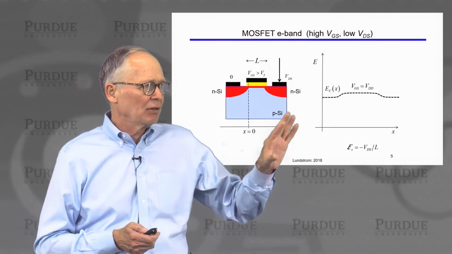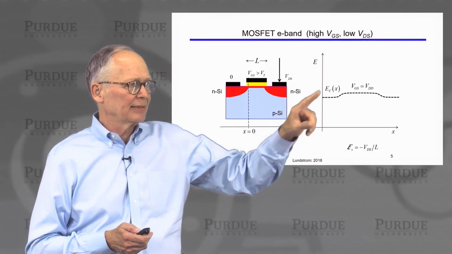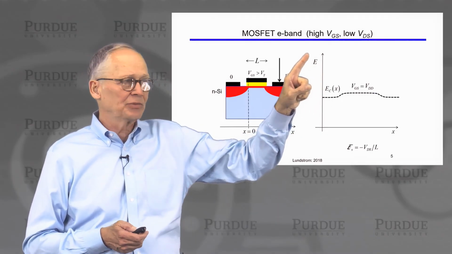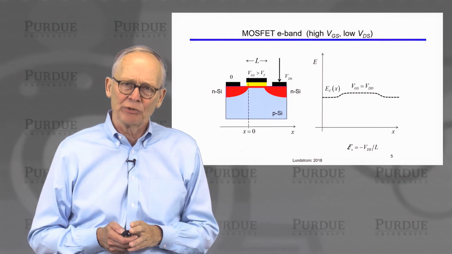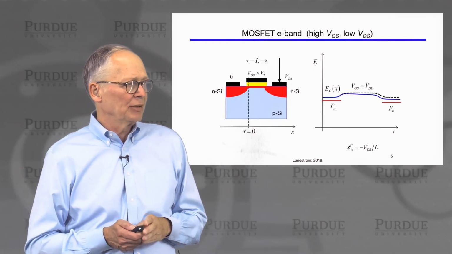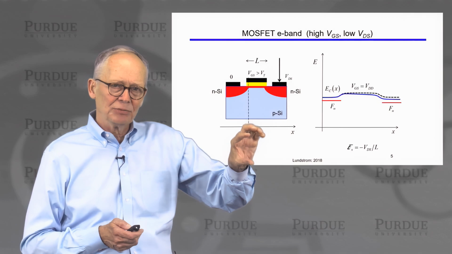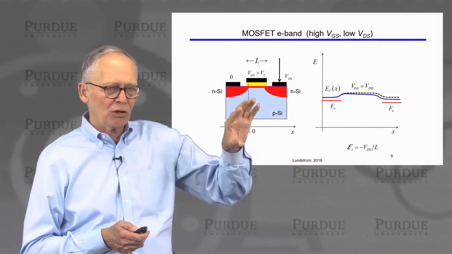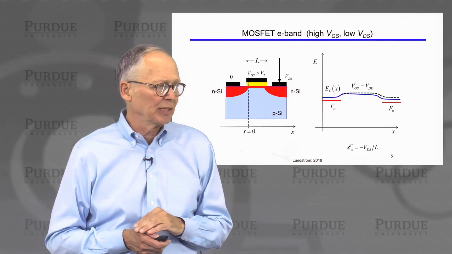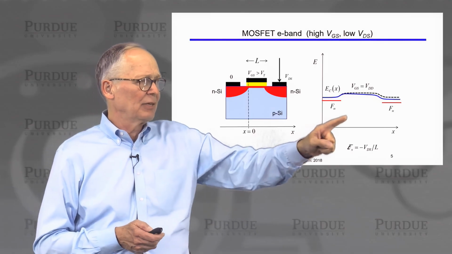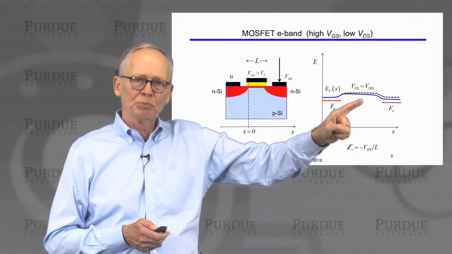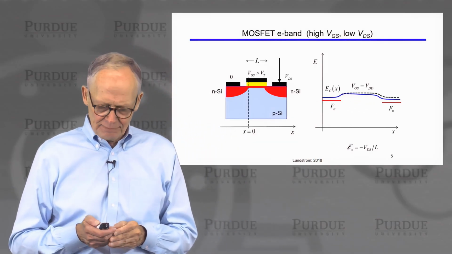Okay. All right, so now let's look at the device where we have a high gate voltage, we're above threshold, but we have a very low drain voltage. We saw that when we did an energy band diagram, in this case, we pulled the Fermi level down in the drain. So now we call it a quasi-Fermi level because we're out of equilibrium. We pulled everything down so that we had a small slope of the energy band diagram in the channel.